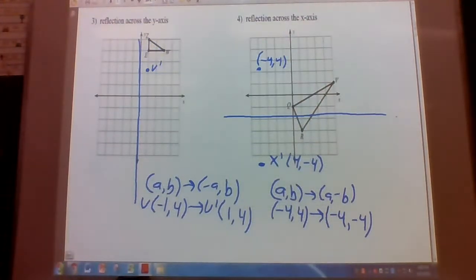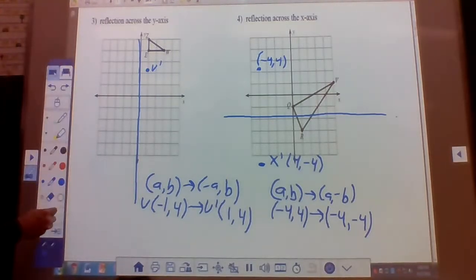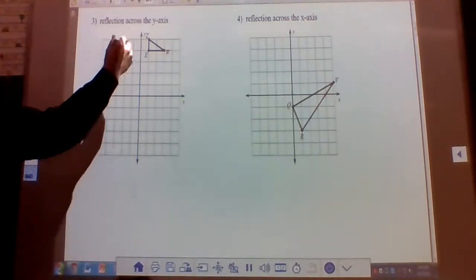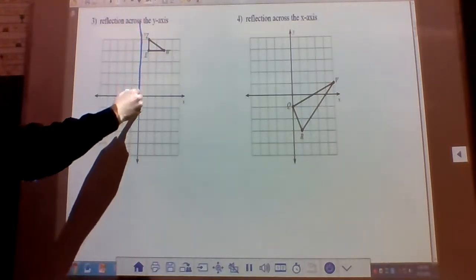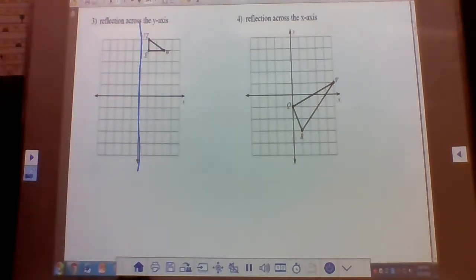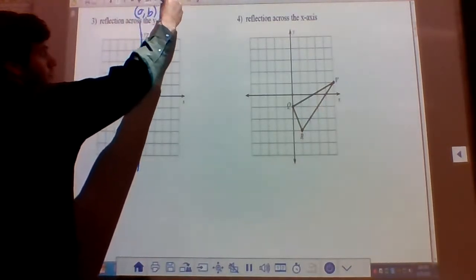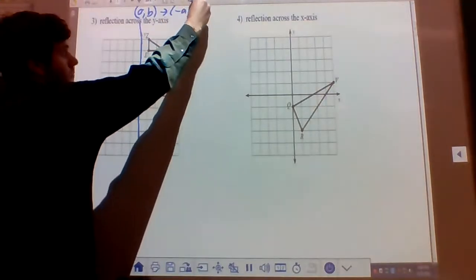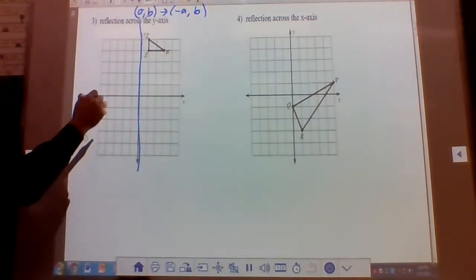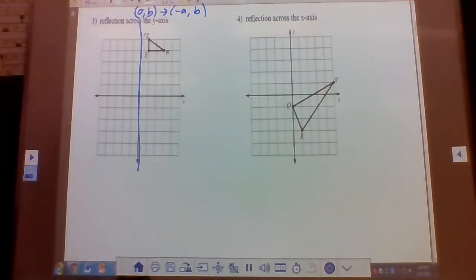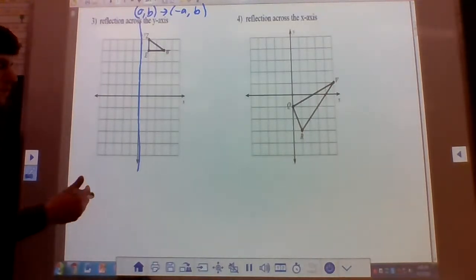Number 3, we're reflecting across the y-axis. Okay, so here's our y-axis. We can write, so we know our transformation is going to be (a, b) goes to (negative a, b). So let's write our points down. We don't have to write our points down. We can do this visually, but let's write our points down.